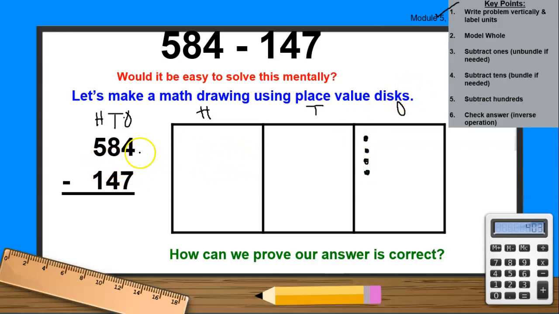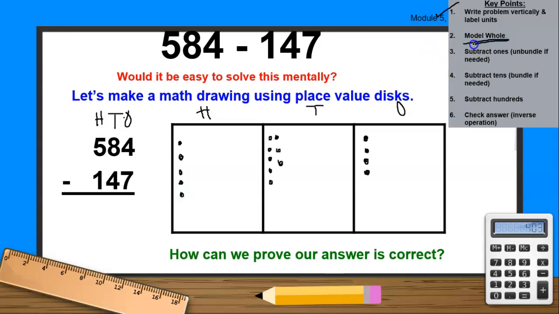This 8 tells me that I have 8 tens. 1, 2, 3, 4, 5, 6, 7, and 8. This 5 tells me that I draw 5 hundreds in the hundreds place. 1, 2, 3, 4, and 5, boys and girls.